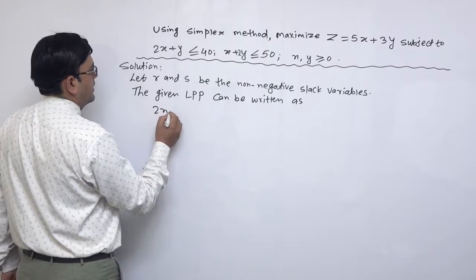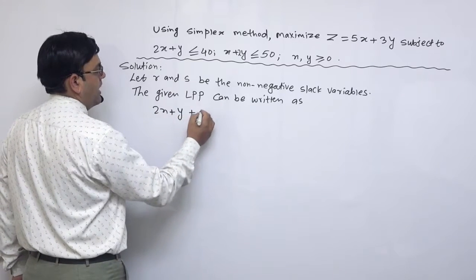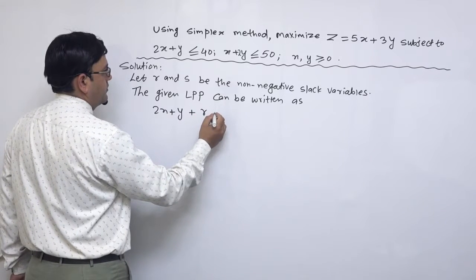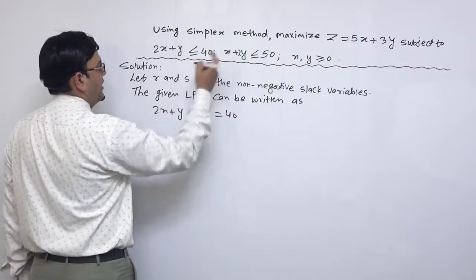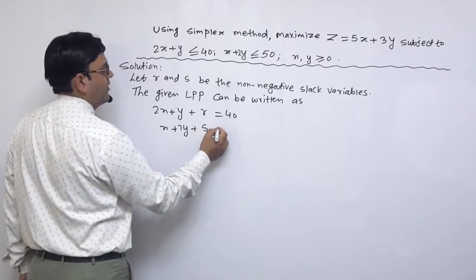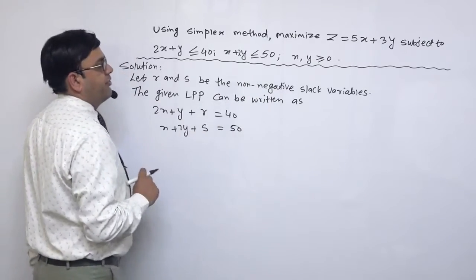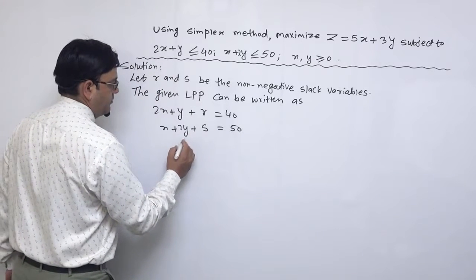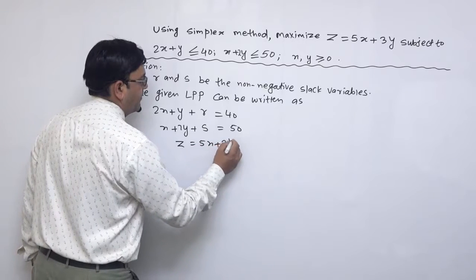2x plus y plus slack variable r equals 40, and the second one is x plus 2y plus s equals 50, and then the third one we have z, so z equals 5x plus 3y.